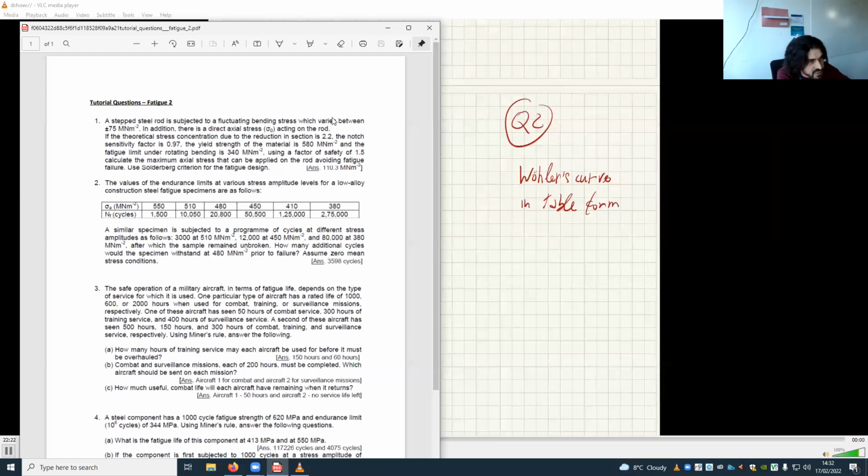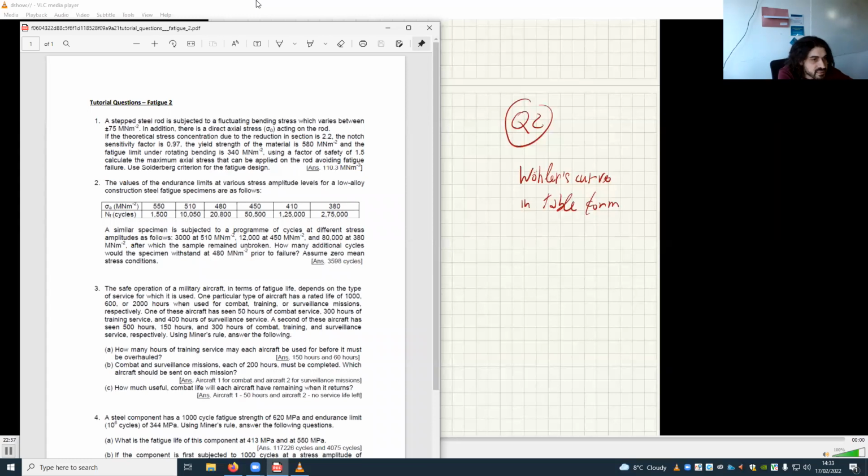So this goes 3000 cycles at 510 sigma amplitude, and then we have 12,000 cycles at 450.